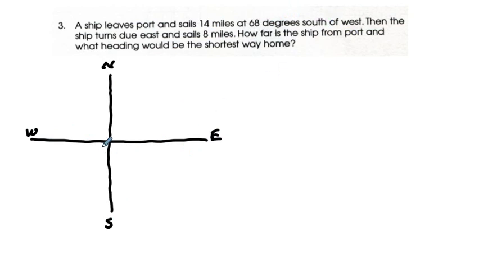And the ship leaves port and sails 14 miles at 68 degrees south of west. South of west tells you the reference angle is 68 degrees south of west. So I'm going to draw this right down here. This is going to be 14 miles, and that's our reference angle, 68 degrees. Now, again, we can standard positionize this.